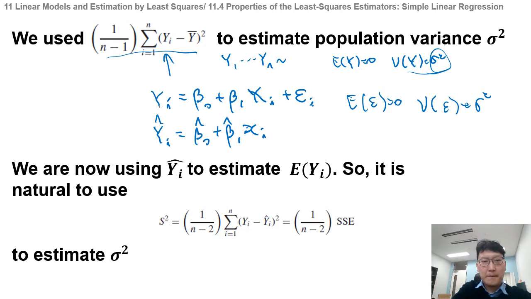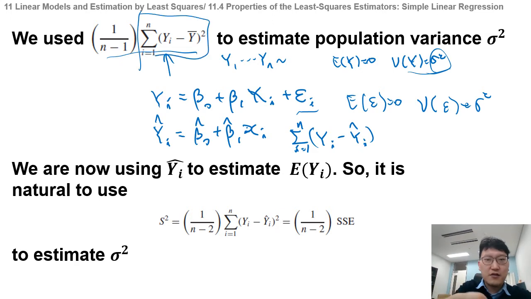So it would be natural, to estimate the variance of epsilon, to use the sum of yi minus yi hat, squared, for i equals 1 to n.